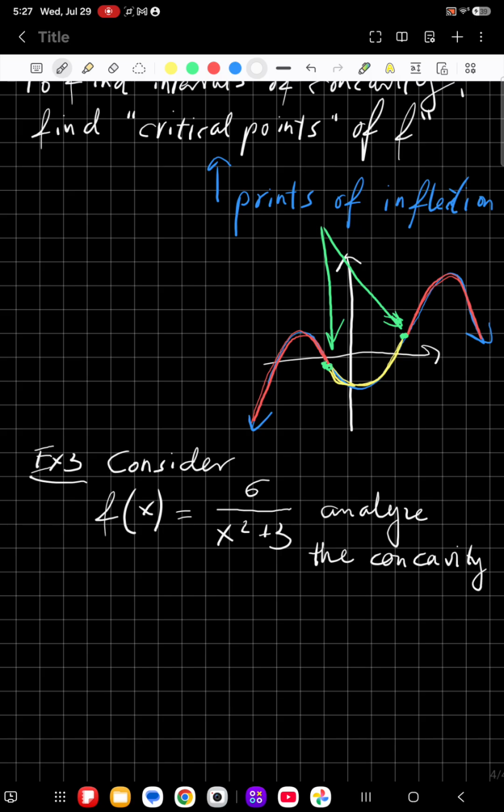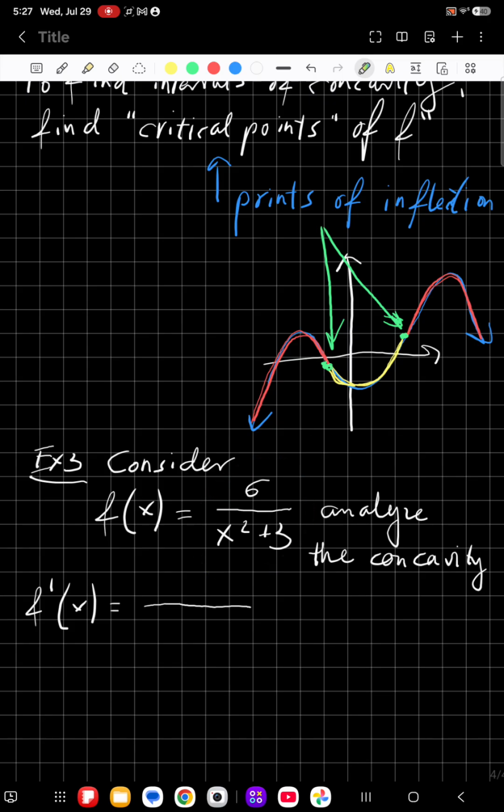Basically we need to find the second derivative. I'm not going to do it for you, I'm just going to give you the answer. You should pause the video; it's a good exercise to remind yourself how to take a derivative of something like this.